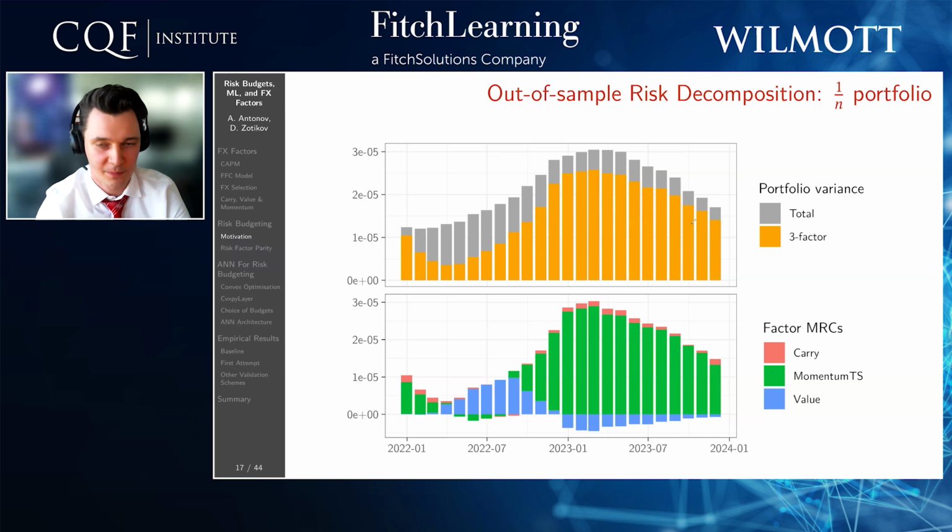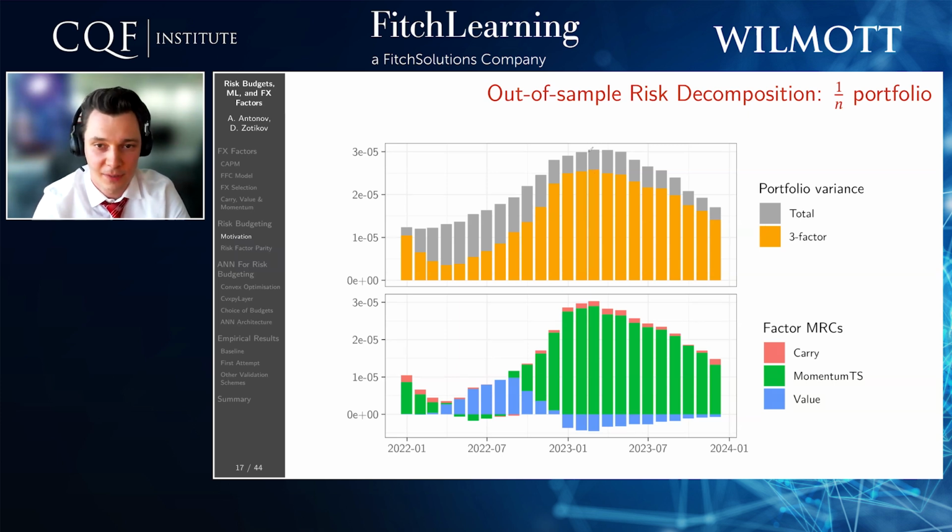So we're taking just a portfolio that we say we don't care about those factors at all. And we are having some portfolio, some returns are observed. And if we do that, we can decompose risk into the total risk and the part that can be attributed to the returns of the three-factor model.